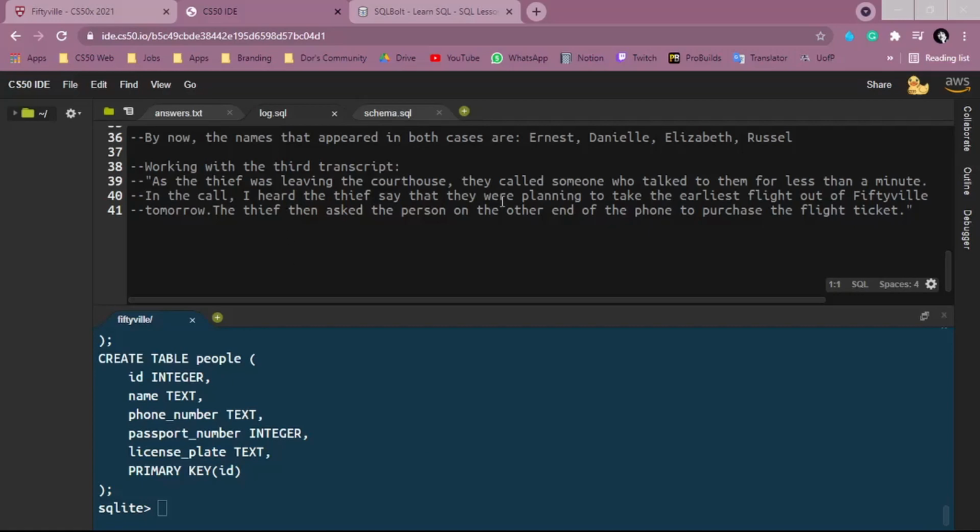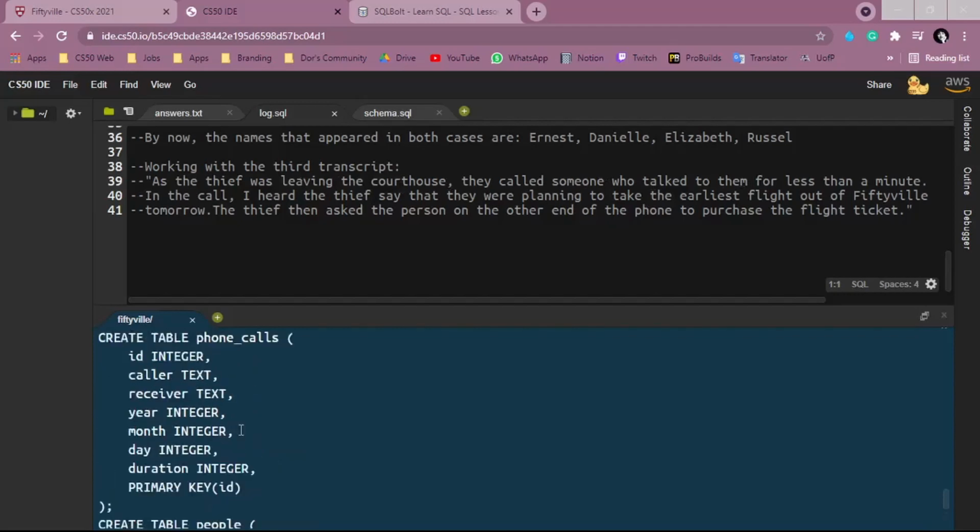We have the information that there was a phone call, and if we take a look in here, we have a table about phone calls where we can get the caller, the receiver, year, month, date, and duration. And we also have information about the flight ticket, because they are planning to take the earliest flight out of Fiftyville tomorrow.